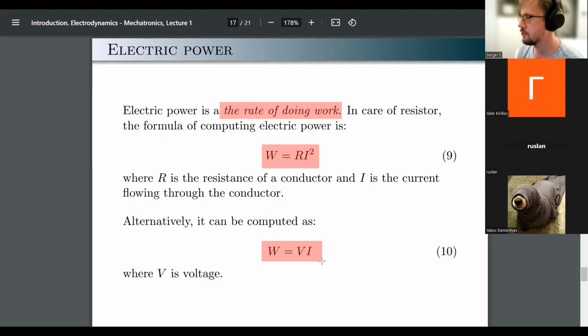Force is famously what produces change of velocity, and here voltage is what produces change of current, especially in, let's say, an RL circuit. And we have this same relation with power. So there are connections with mechanics, but we'll see it in the lecture on mechanics.